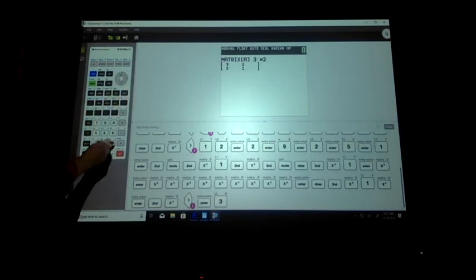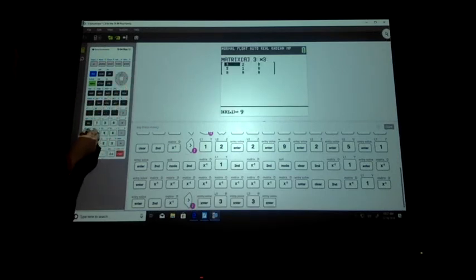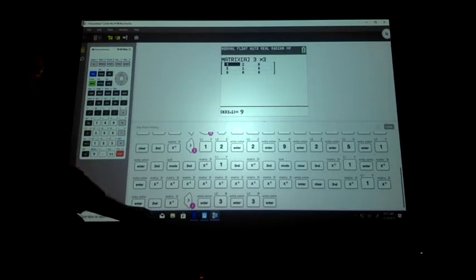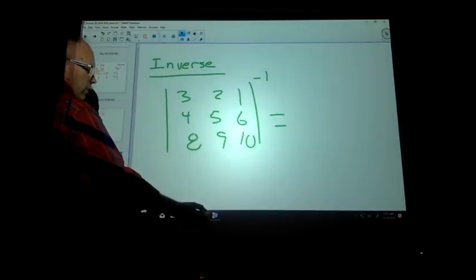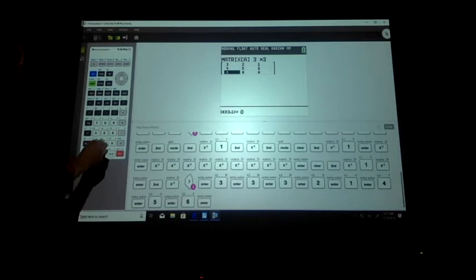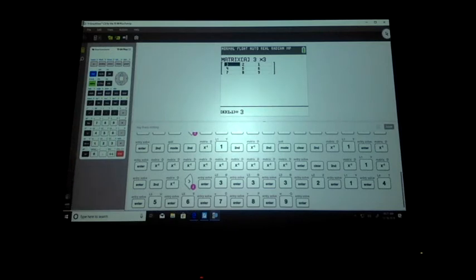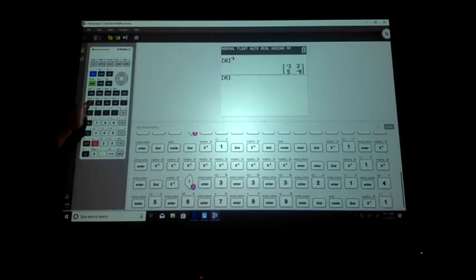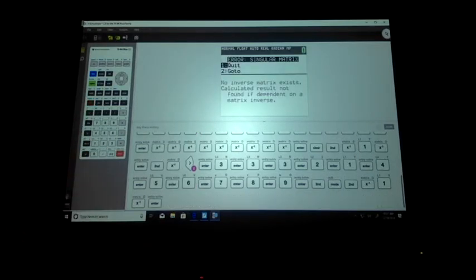I'm going to do a 3 by 3 and enter the numbers. Once it's in there, second quit, get it out. So second matrix, enter, then x to the -1, hit enter.